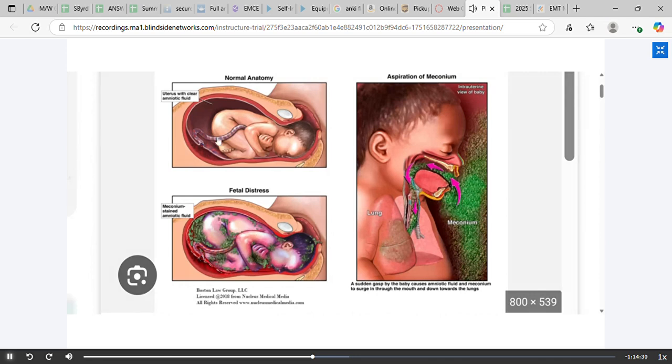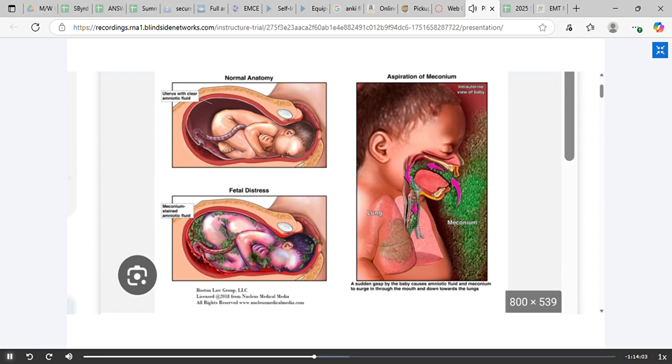If you notice the color of this fetus versus the color of this one has kind of a cyanotic look to it, and that's because this kiddo is in some kind of distress. And fetal distress can come from multiple things, right? It can come from trauma to the mom. It can come from prolonged delivery that hasn't really been progressing very well, right?